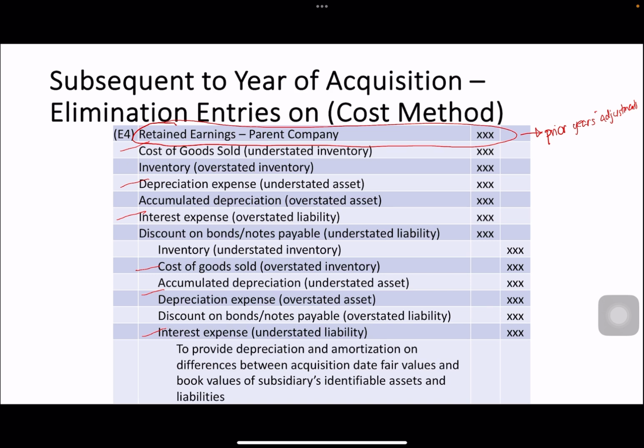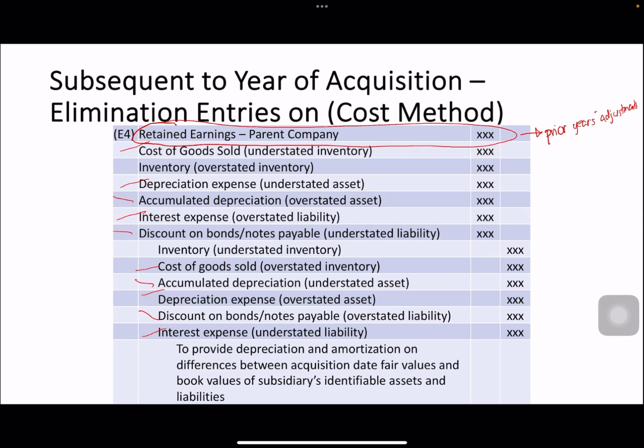On the other hand, the balance sheet accounts, such as accumulated depreciation and discount on bonds or notes payable, reflect the cumulative adjustments to the subsidiary's net income, including prior years and the current year.